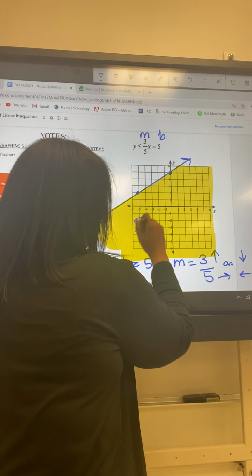So this is just a reminder of what we talked about in the past when we talked about graphing inequalities. Now what we're going to do is we're going to look at a system, and we're going to see what happens when we graph the two inequalities at the same time. All right, so we have two examples here. We're going to start with this first example.